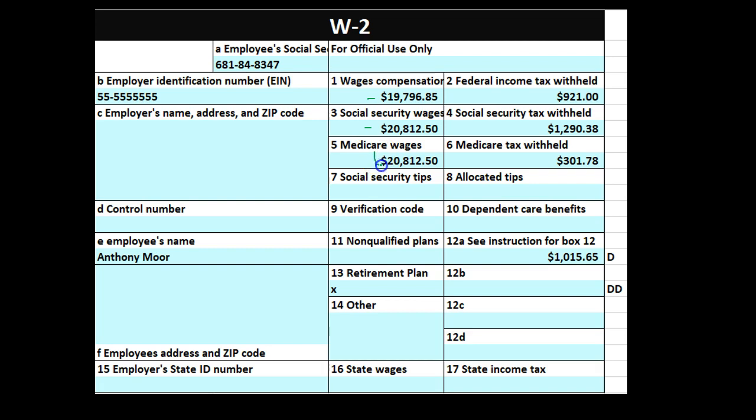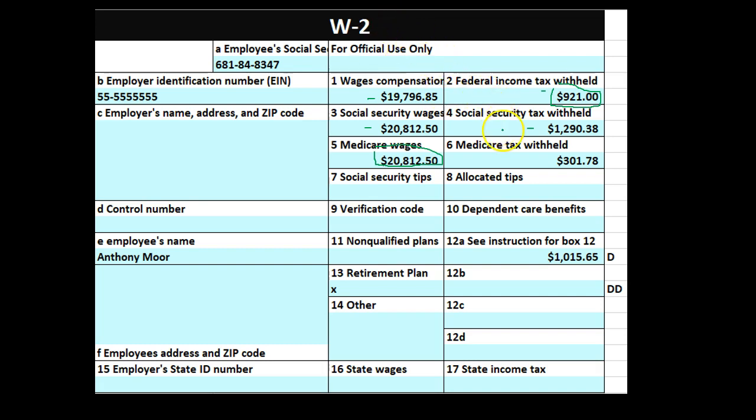Note that this number is probably closest to the actual earnings of this employee. Then the federal income tax is based on these wages. The Social Security is based on these wages. Note the FIT can't be derived directly from these wages because it depends on the amount of exemptions and all that, which we'll be calculating on the Form 1040.